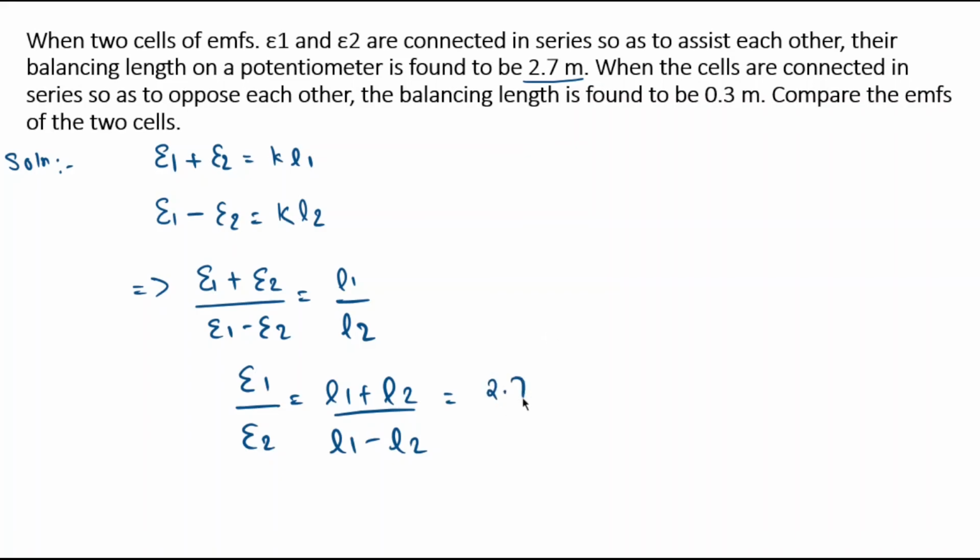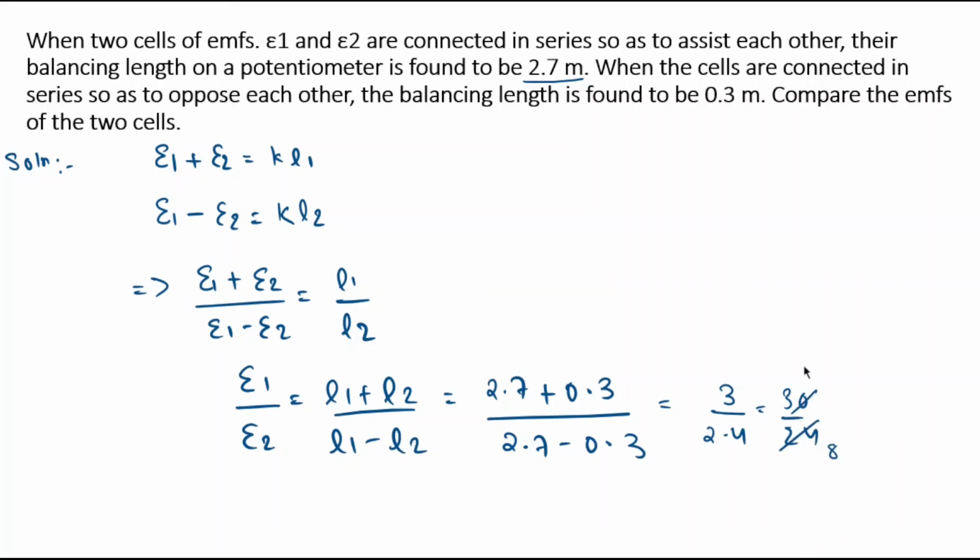L1 is 2.7 meter plus L2 is 0.3 meter, divided by 2.7 minus 0.3, which is equal to 3 upon 2.4. This can be written as 30 by 24. Now cancelling it, 3 8s are 24, 3 10s are 30, 2 4s are 8, 2 5s are 10, and 5 divided by 4 is 1.25. So the ratio of the two EMFs, that is E1 upon E2, is 1.25.